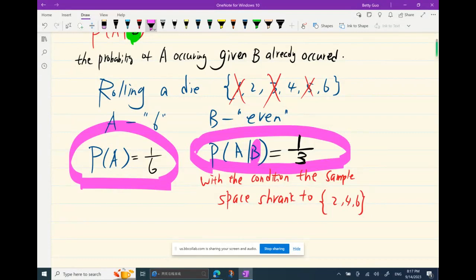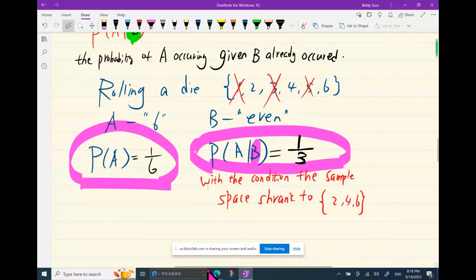I want to use this example to explain the definition of a conditional probability. We got an idea earlier when we picked up the donuts, right? Here is also to explain the concept of conditional probability. Am I clear, guys?